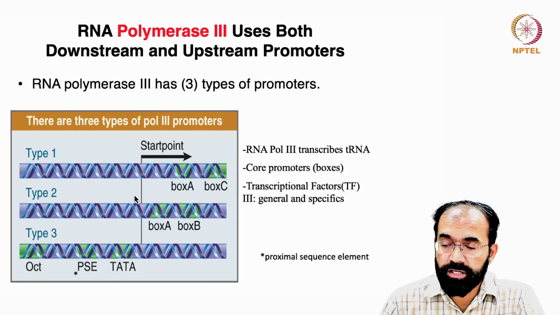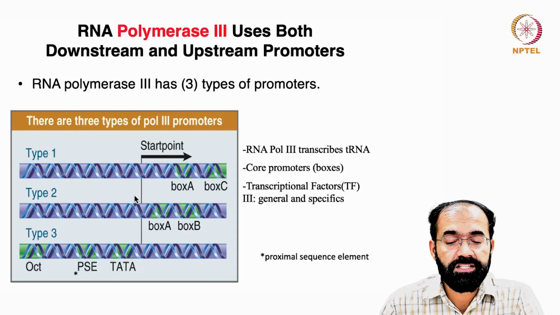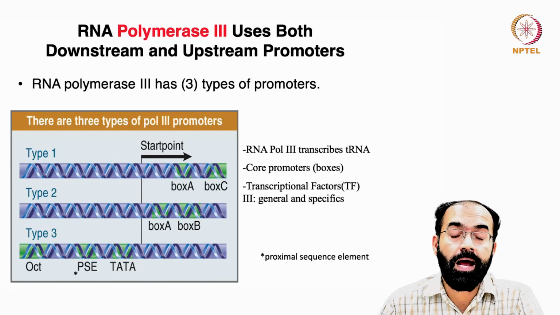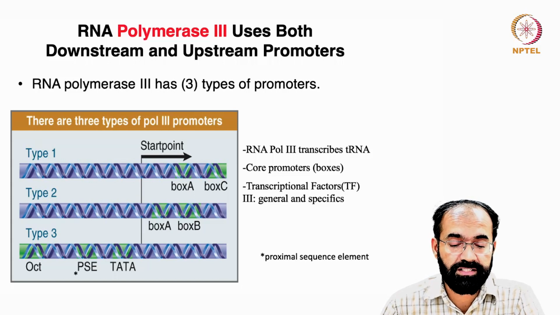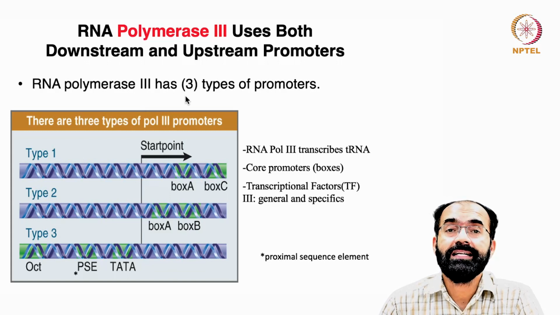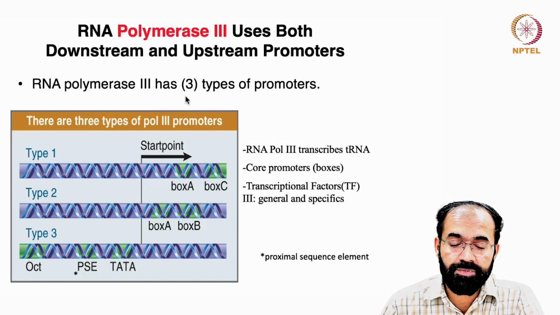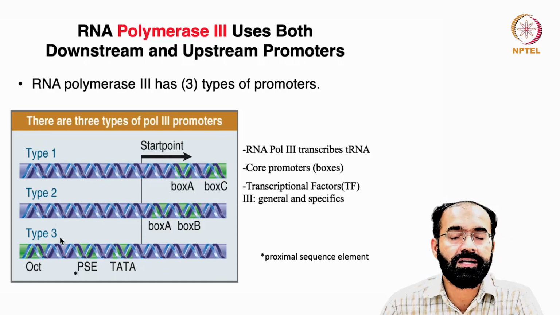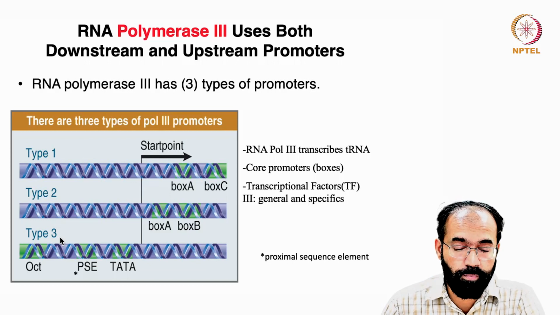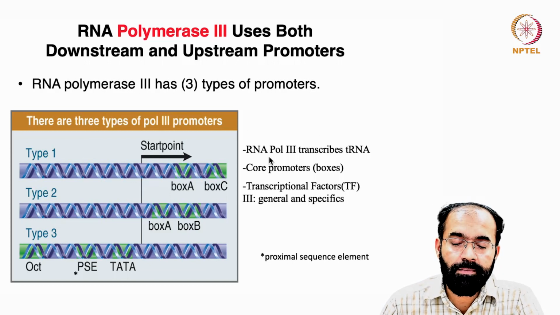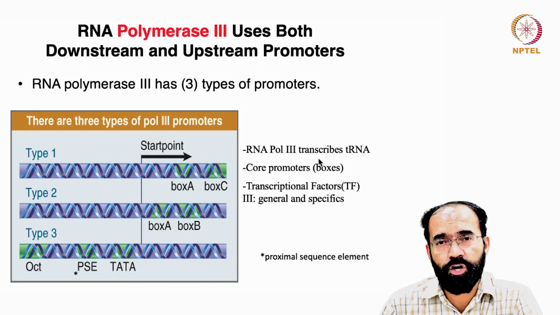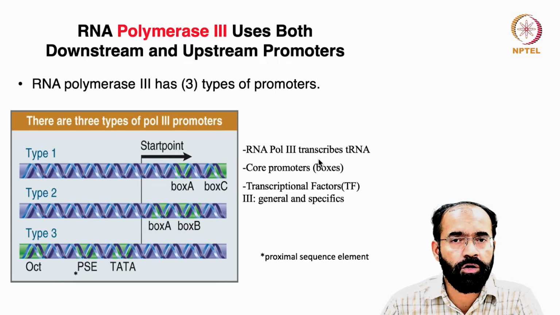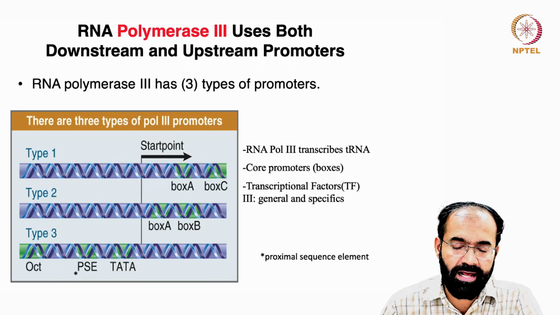Now if you look into polymerase III, it uses both downstream and upstream promoter sequences, and it has 3 different types of promoters. You can see type 1, type 2 and type 3. It is rather simple compared to the polymerase II promoter. RNA polymerase III transcribes predominantly transfer RNA and also 5S ribosomal RNA.